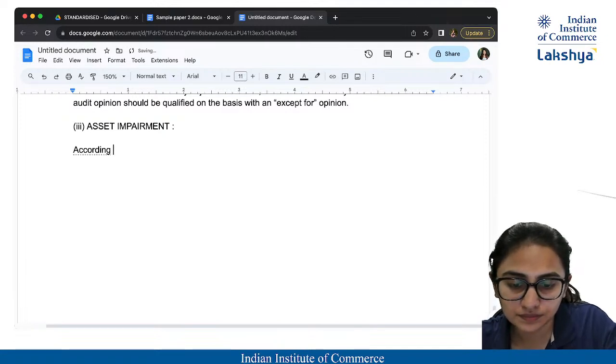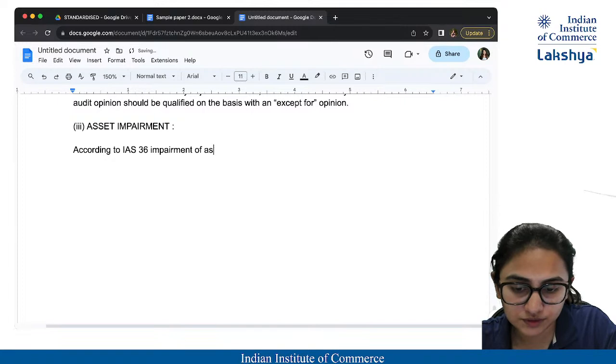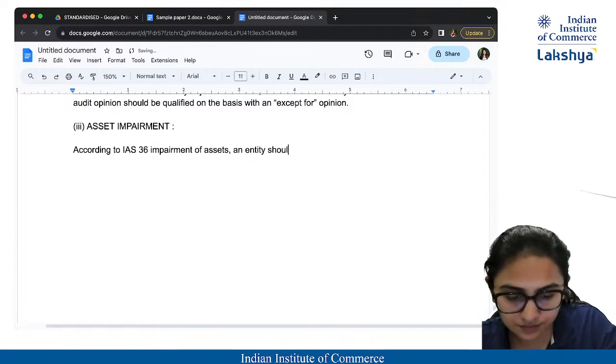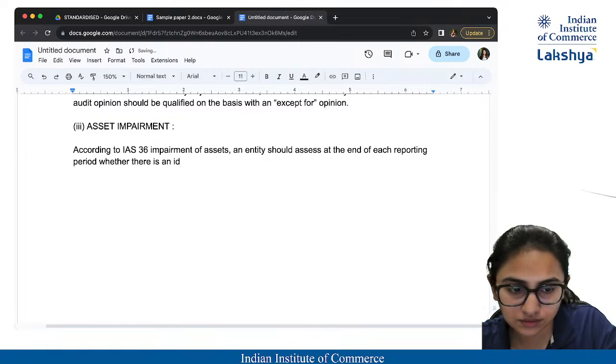According to IAS 36, impairment of assets, an entity should assess at the end of each reporting period whether there is an indication that the asset or a cash generating unit may be impaired.